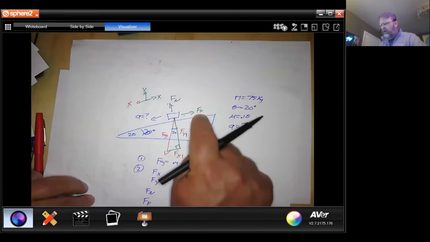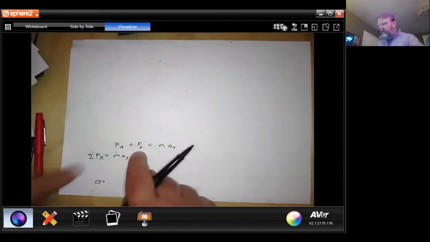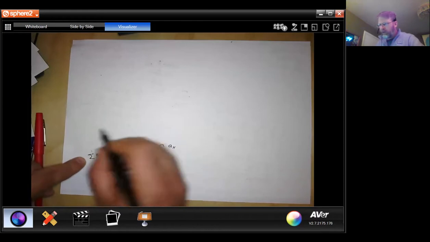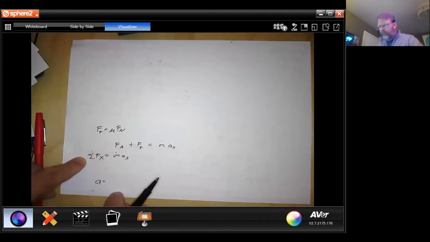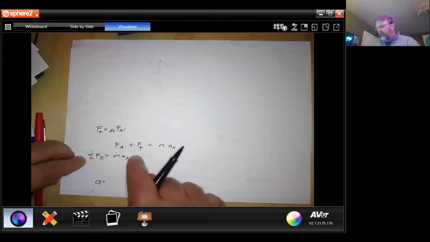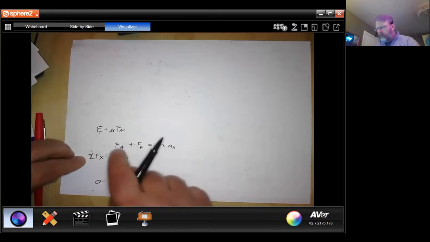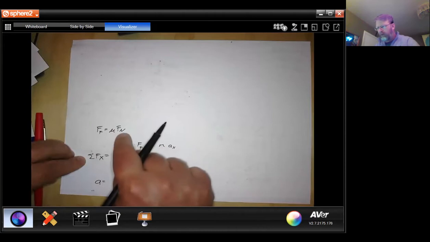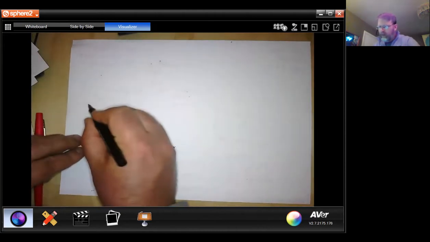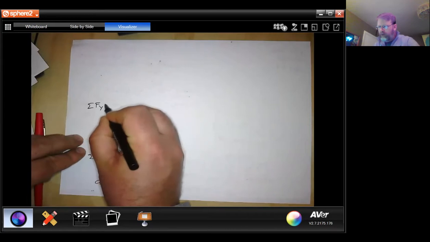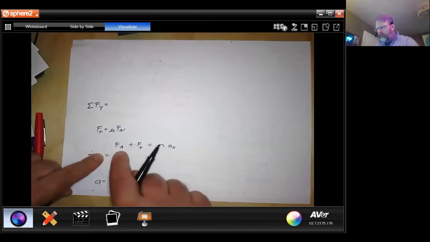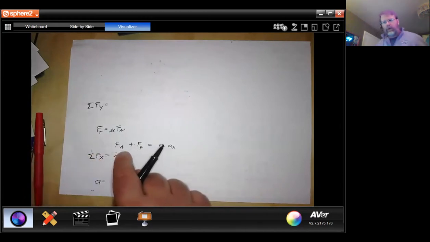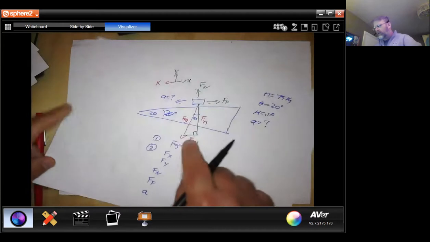We don't know this friction number here, right? So if we're going to find this friction number, we're going to have to use this equation. But we keep having to unspool this. In order to find friction, we need to know normal force. We don't know normal force, so we're going to have to find our force in the y. Now I said this was probably going to be a 0, but what do we notice here?